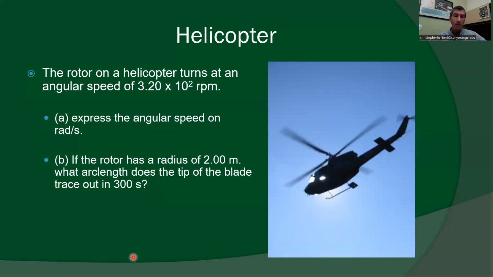And remember, a radian is for angular displacement, or I should say arc length movement. If we move 1 radian, that is equivalent to the arc length movement of the radius of the rotating structure. In this case, it's going to be a blade. It's going to be 2 meters long.